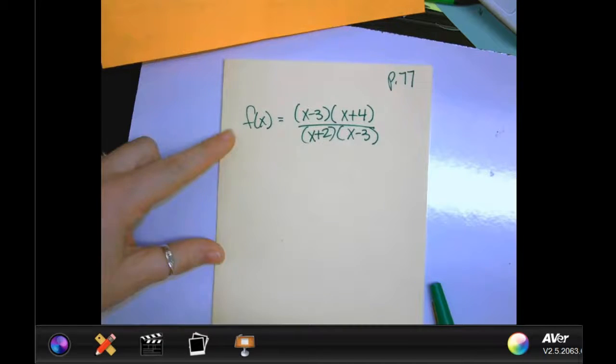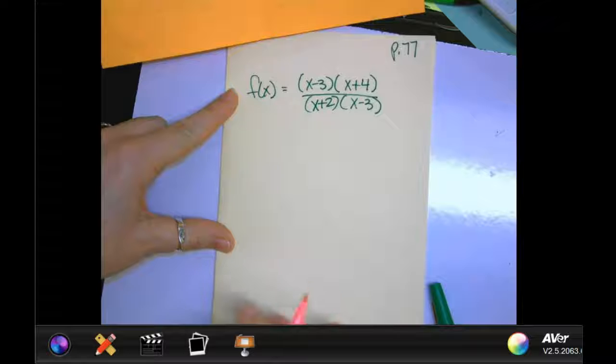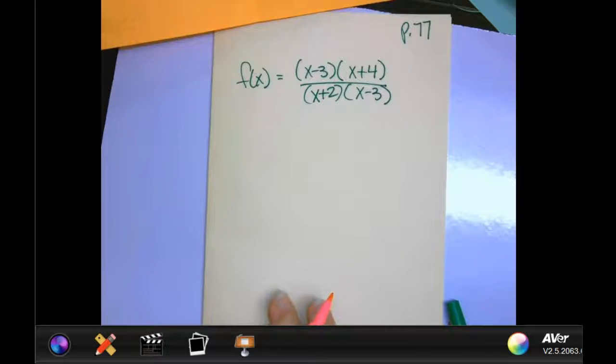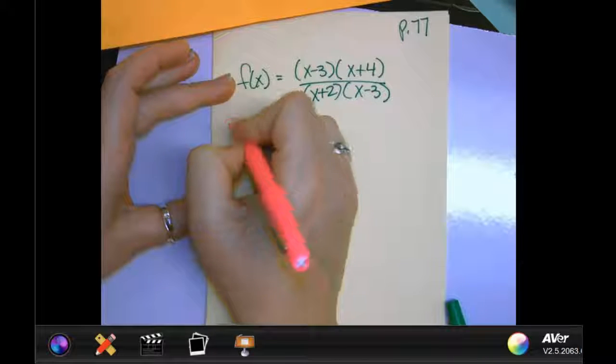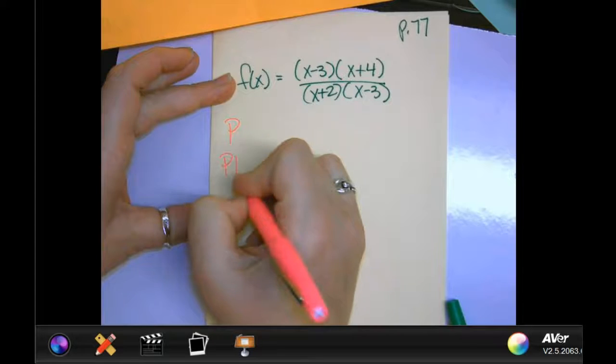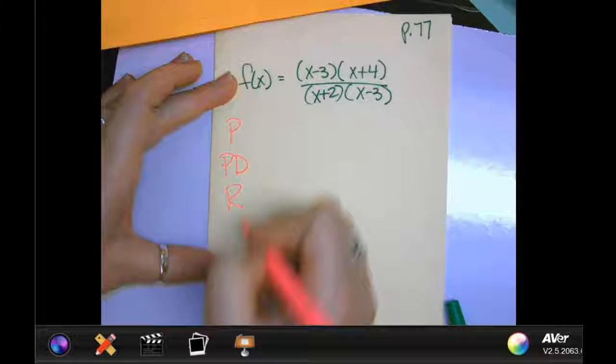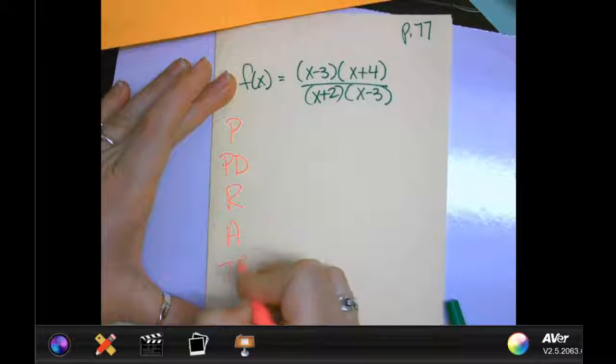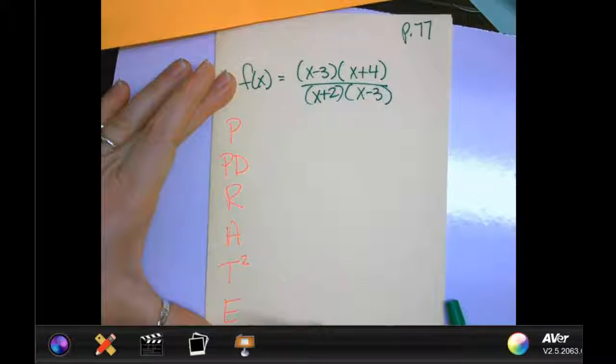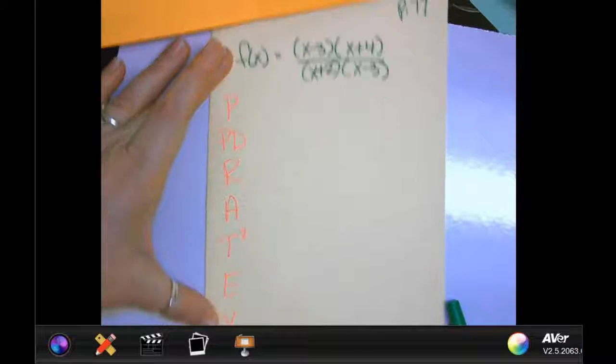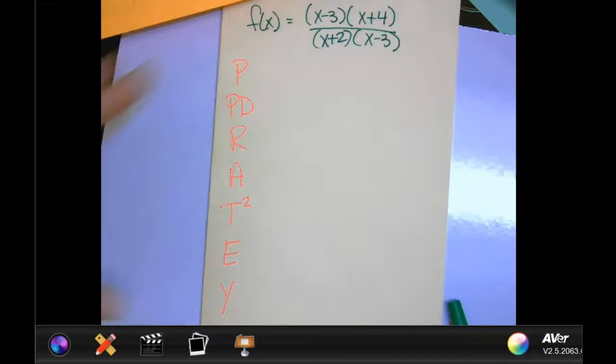And then just down the side of it, we're going to list out P, PD, R, A, T squared, E, Y. Okay, just space that out.